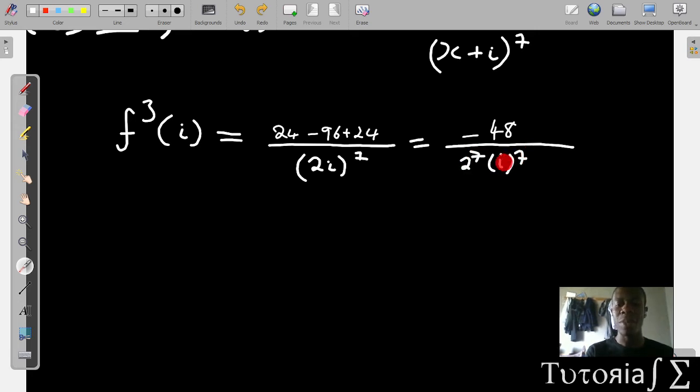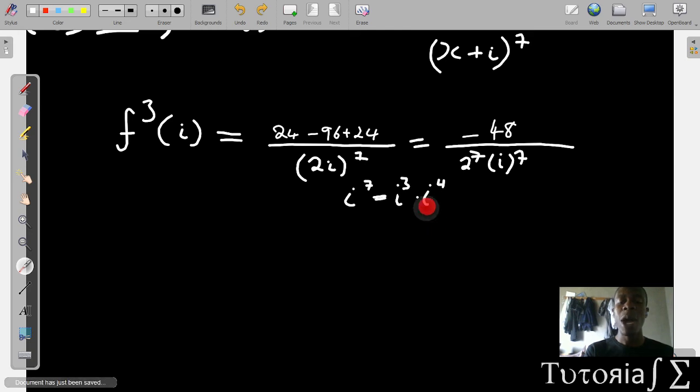Now, what is i to the power 7? i to the power 7 can be split into two parts: i to the power 3 times i to the power 4. Since the bases are similar, the powers add up and you get i to the power 7.